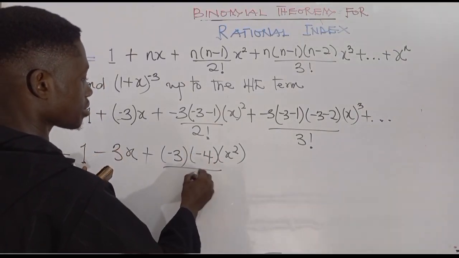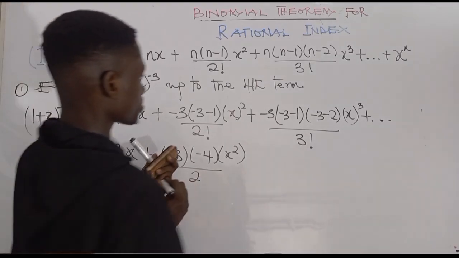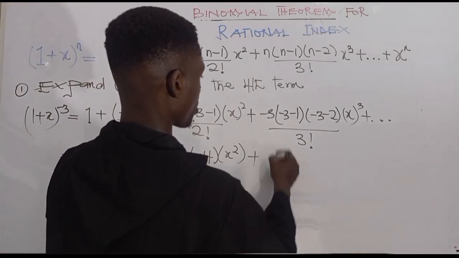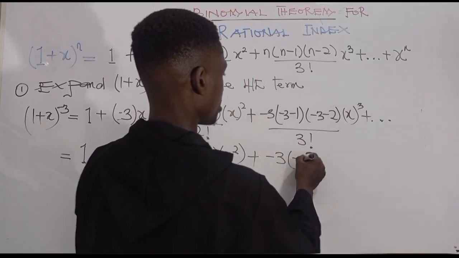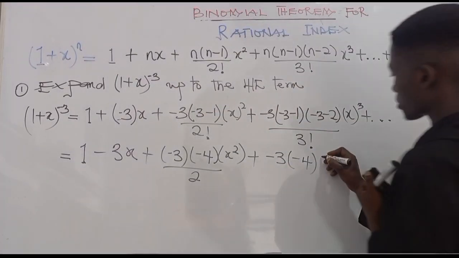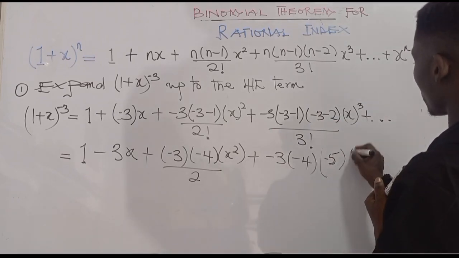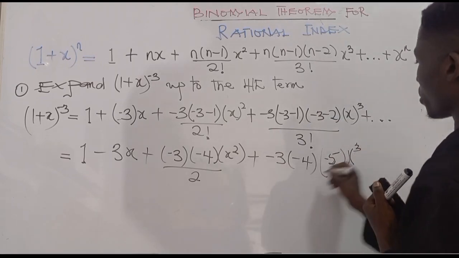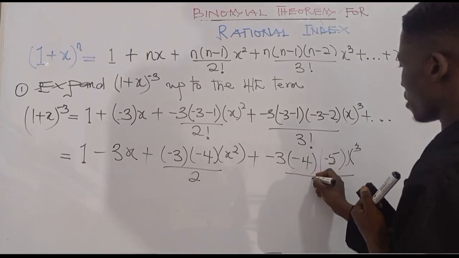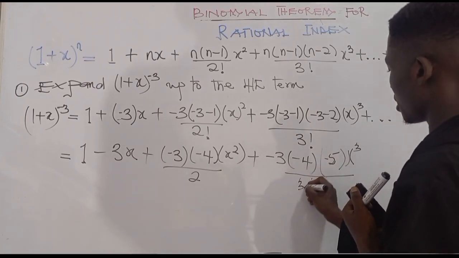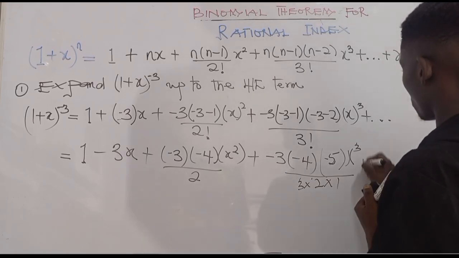So we have 2. We have plus, we have minus 3, minus 4, minus 5, and then we have x raised to the power 3, and then we have 3 factorial, which is the same as 3 times 2 times 1.